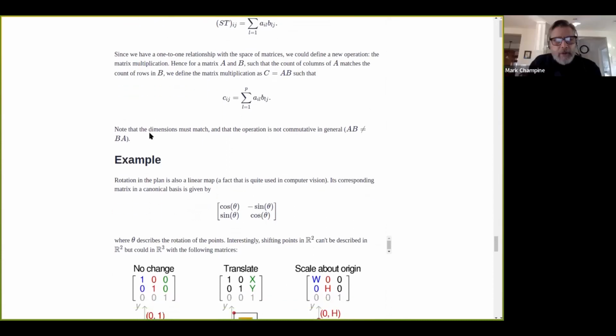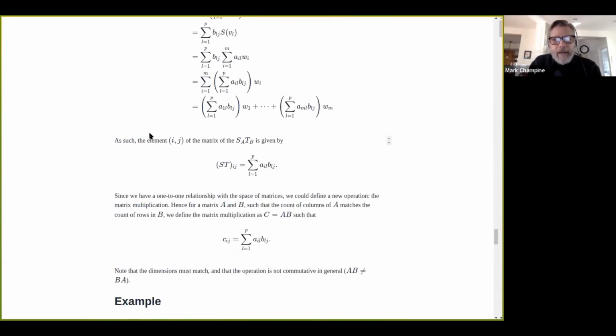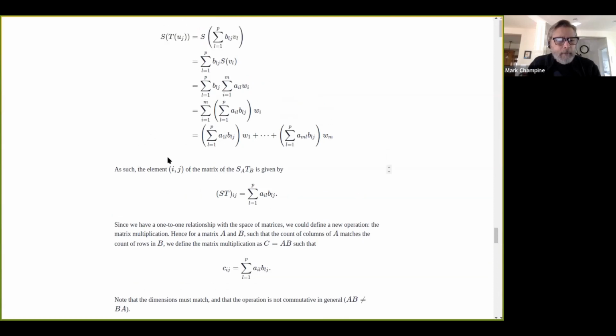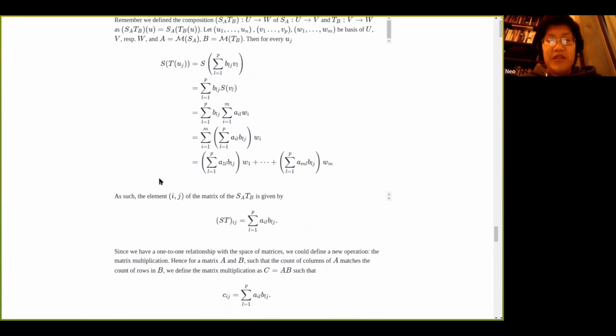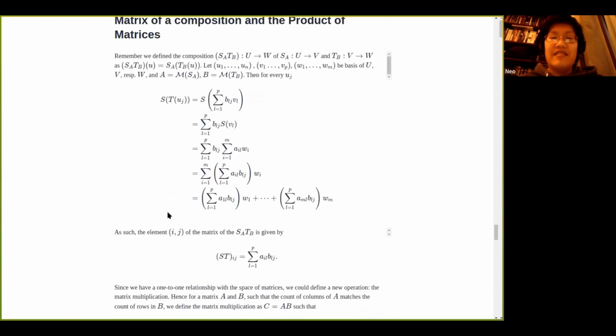So okay. Is this all sort of defining composition in terms of matrices? So you have a one-to-one relationship between matrix multiplication and function composition.